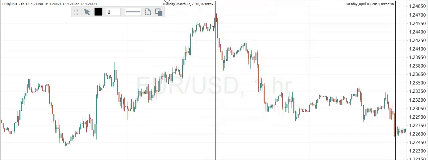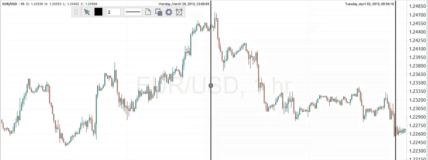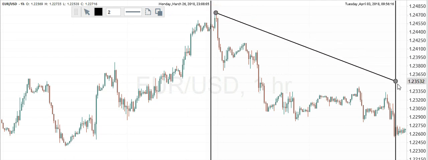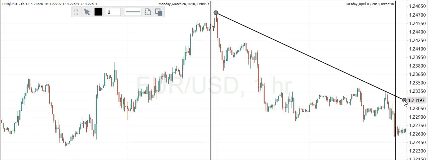My trend line will go from the highest point, which is here, extended out till it touches the first candle. Then I'm going to extend this.